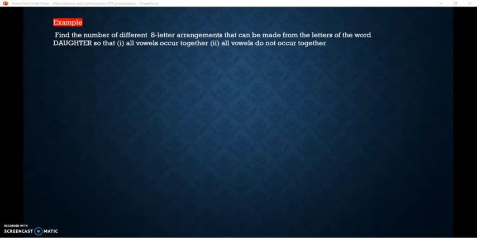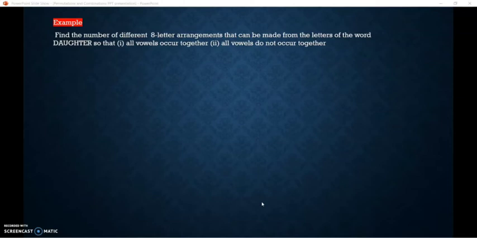First of all, I want to find in how many ways I can do this. Secondly, I want to find those arrangements wherein all vowels from the word daughter occur together. And the second question is, I want to find the number of words in which vowels do not appear together.